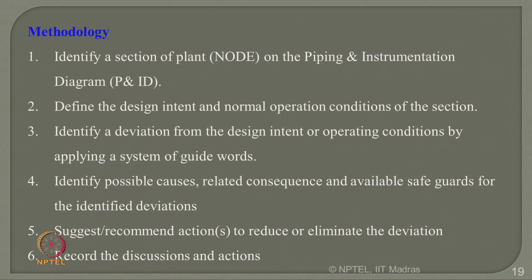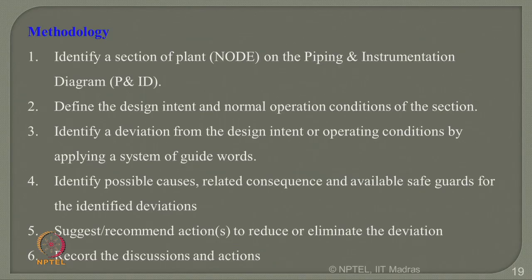Once you identify a given section in a plant, taken from a process or piping and instrumentation diagram, define the design intent. We all know what the design intent is and what a deviation from the design intent is, we have already explained in the last lecture. So, for every node of the plant, try to fix the design intent and normal operating conditions of that node.